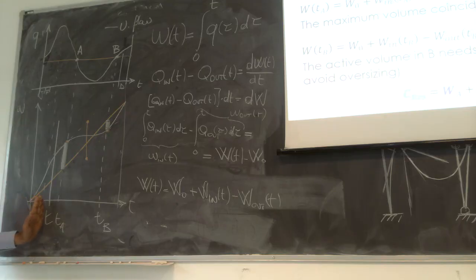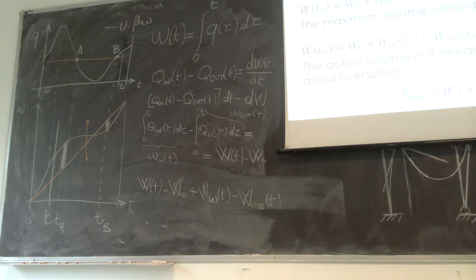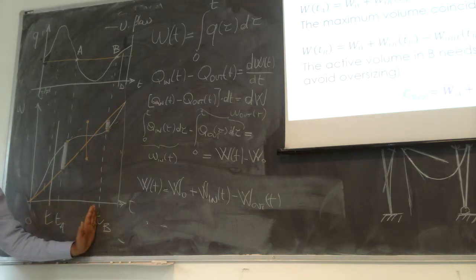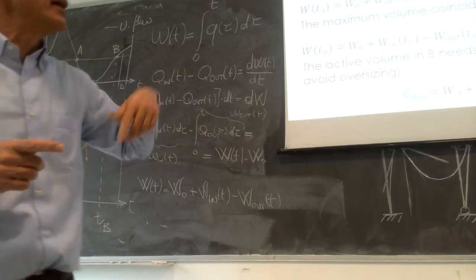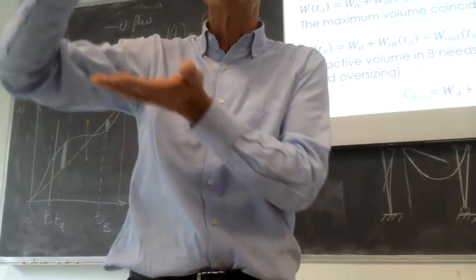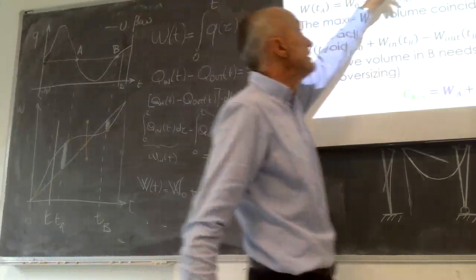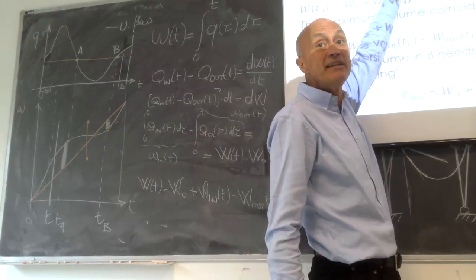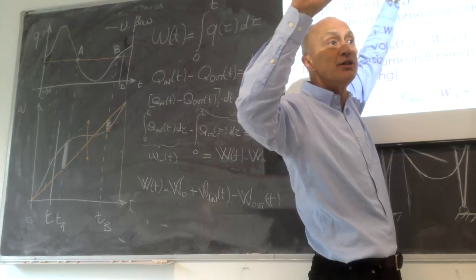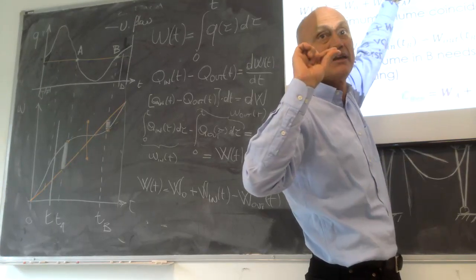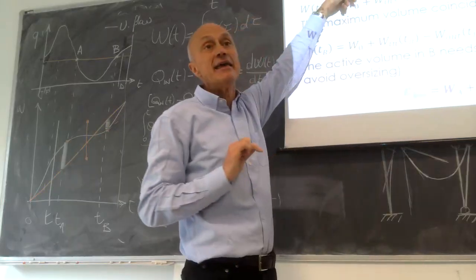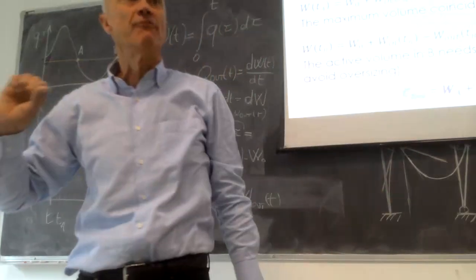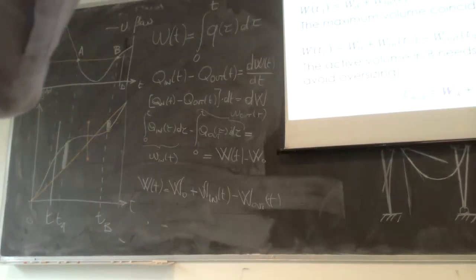At any moment previous to TA, the reservoir is receiving more water than what we are using, so the water volume is increasing. Whereas from TA to TB, the water volume is depleting. The volume is going down. And in particular, moment TB is the moment in time in which the water volume will be the lowest, right? Whereas TA is the moment in time in which the water volume will be the maximum.